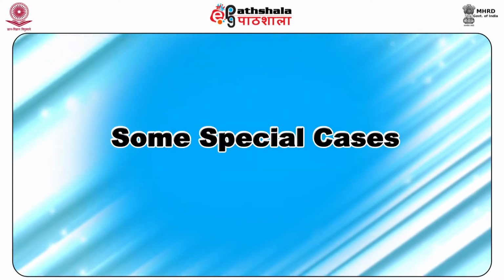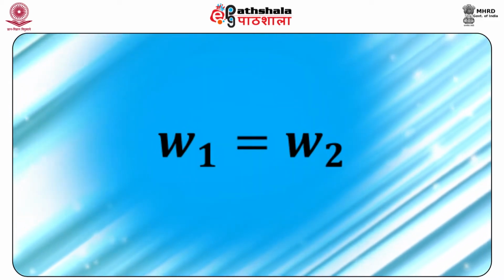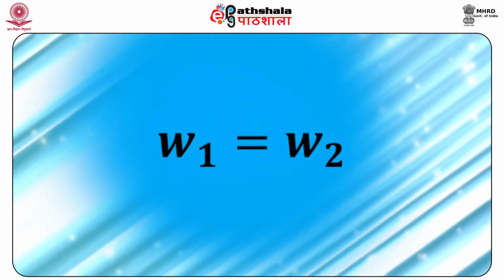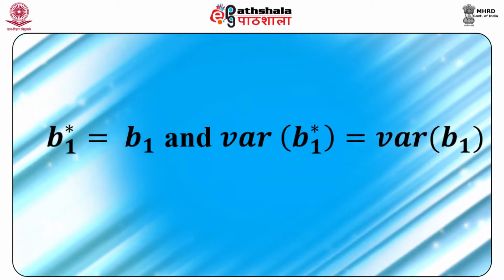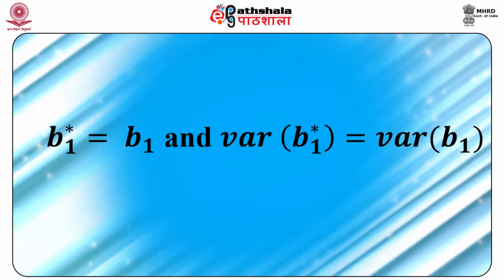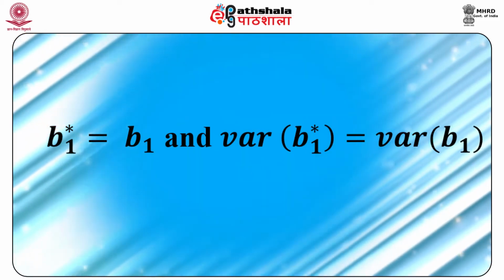Let us look at some special cases where we may have W1 equal to W2 or it may not be equal. So, let me start with the first case where W1 is equal to W2, which means we are using the same scalars for both x and y variables. Then I am sure you can see from the formulas that b1 star comes out to be equal to b1, and variance of b1 star comes out to be equal to variance of b1.